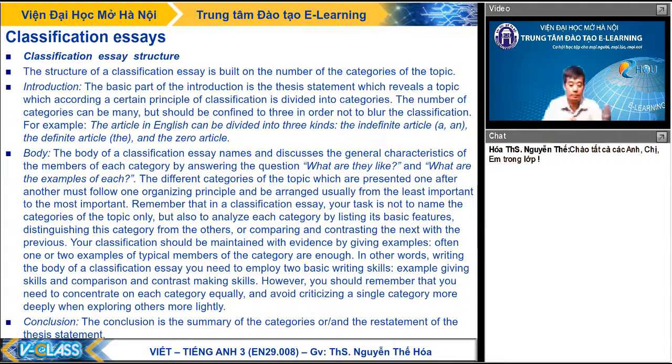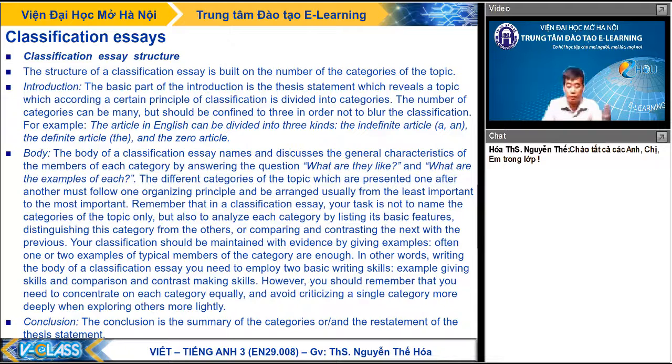What about the body? The body of a classification essay names and discusses the general characteristics of the members of each category by answering the questions: what are they like? What are the examples of each?